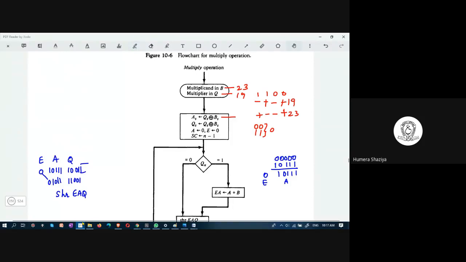If any one sign is 1 and the other one is 0, in that case, it gives 1, which is negative. This is initialization of sign bits for AS and QS. A is 0 initially, E is also 0, SC is n minus 1.